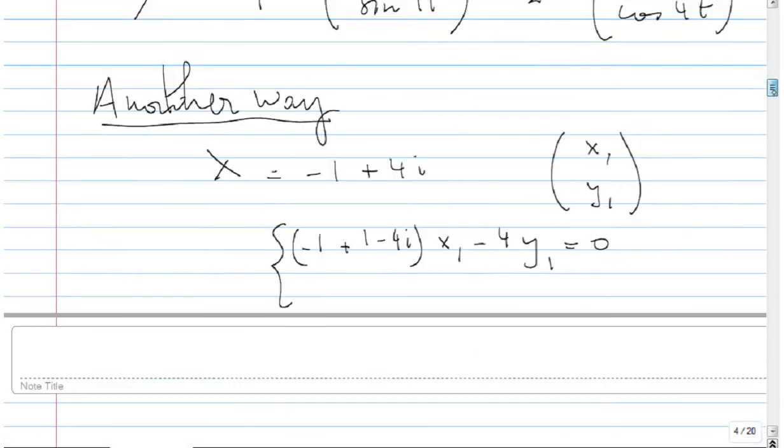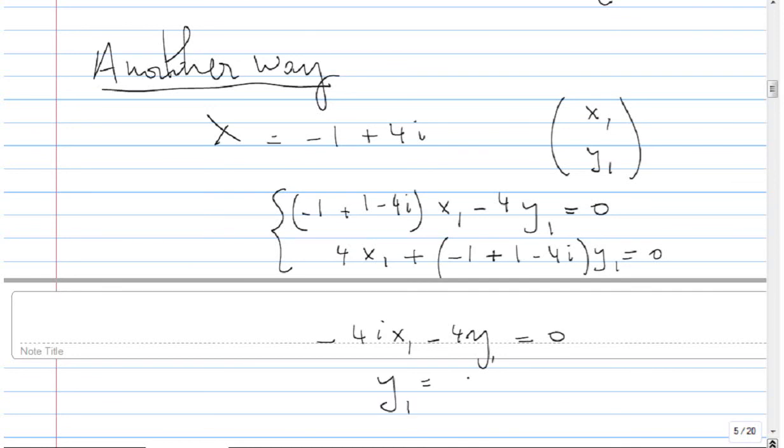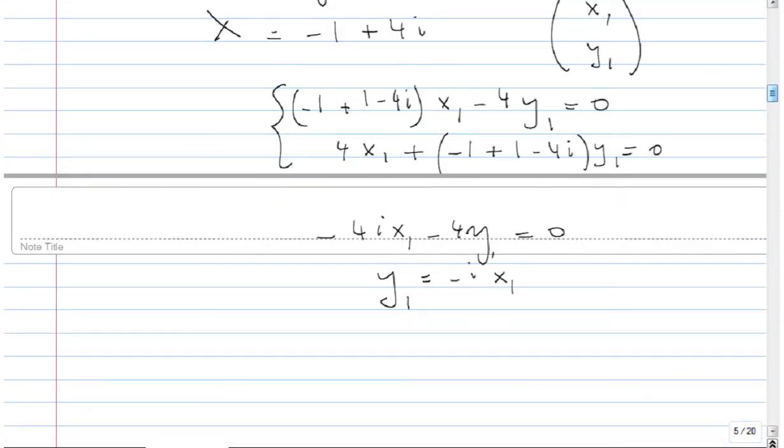And then the second equation: c, which is 4, x1, plus d minus lambda, which is minus 1 plus 1 minus 4i, times y1 equals 0, which gives me minus 4i x1 minus 4 y1 equals 0, or y1 equals minus i x1.